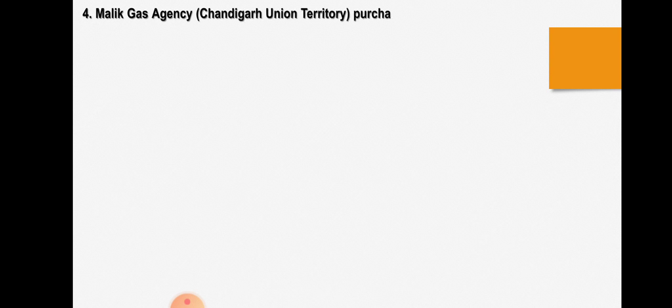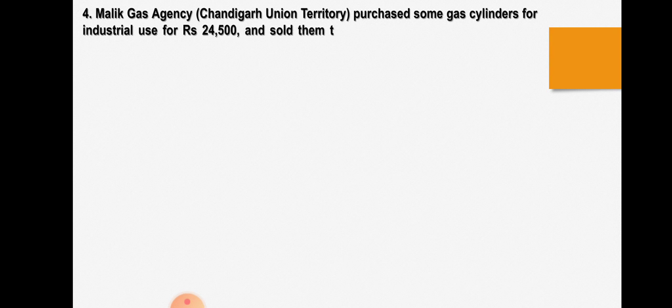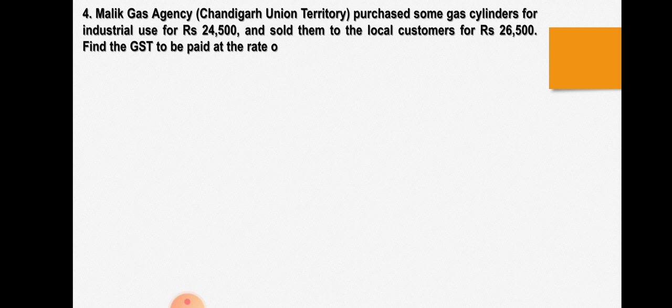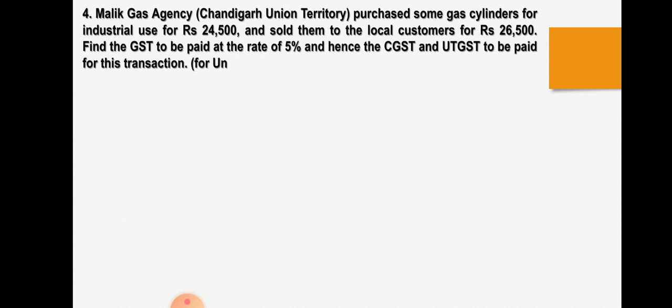Now we'll see our next question. Malik Gas Agency, Chandigarh Union Territory, which means the gas agency is in a Union Territory, purchased some gas cylinders for industrial use for rupees 24,500 and sold them to local customers for rupees 26,500.